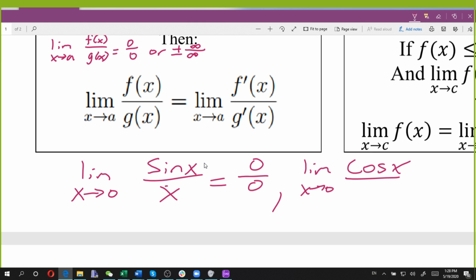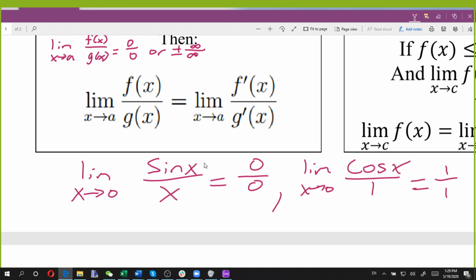What's the derivative of x? One. Okay. So this is cosine x over 1. And if I plug in 0, I'll get the cosine at 0, which is 1 over 1.